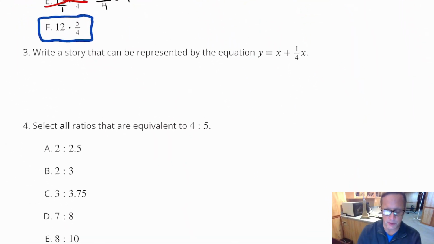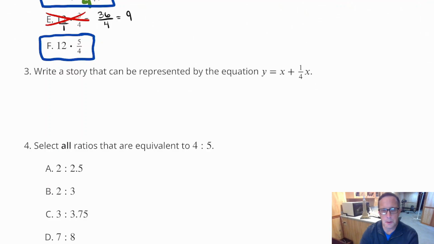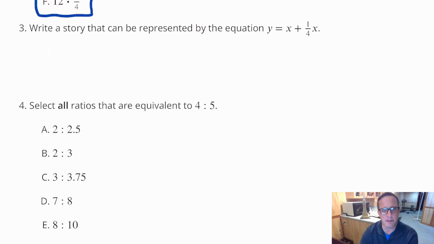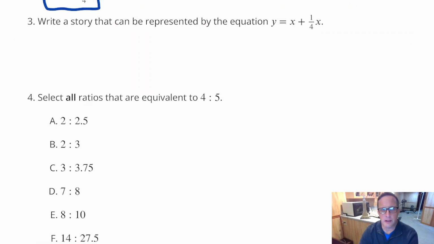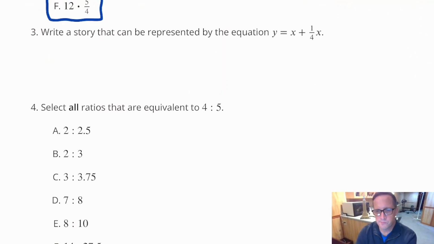All right, for number 3, write a story that can be represented by the equation y equals x plus 1/4 x. All right, so it's kind of putting me on the spot here. I have to think. Let's say x represents like a bungee cord or something.